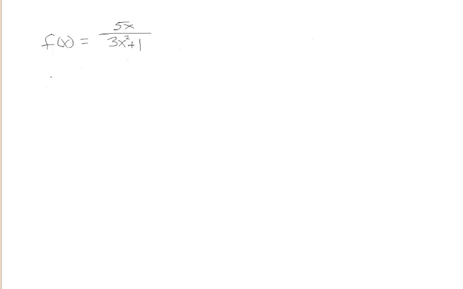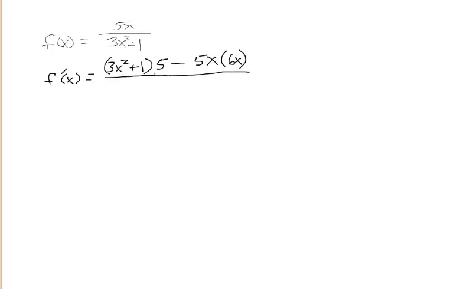So here our first derivative, f prime of x, is equal to the denominator, 3x squared plus 1, times the derivative of the numerator, which is 5, minus the numerator, times the derivative of the denominator, which is 6x, divided by the denominator squared, 3x squared plus 1 squared.